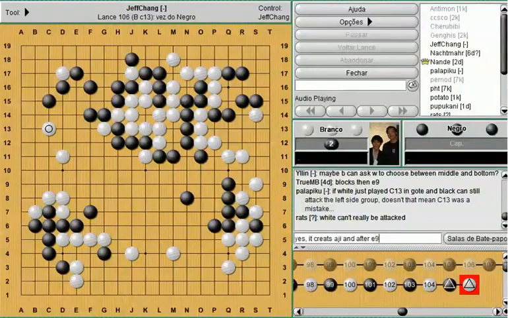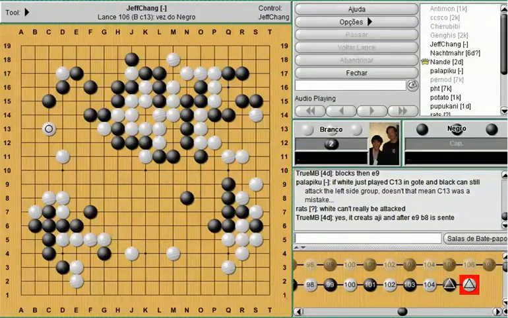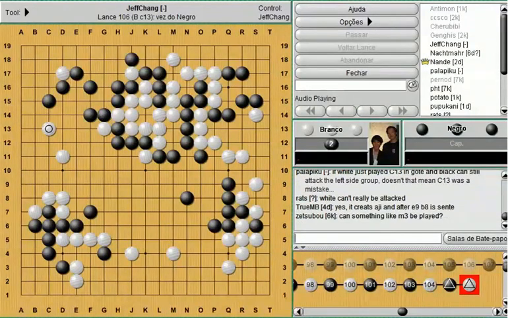So here white has just added a move at C13 and you are trying to make B11 work. Let's say if B11 is gonna work, then it will prove C13 is a mistake. And that is why I'm saying here, is B11 possible?